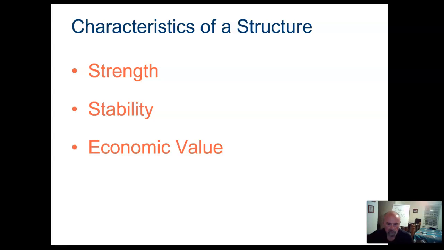Stability means the structure can maintain its shape when loads or forces are applied. Loads and disturbances to the structure should not produce larger movements or failures. The economic value, or cost effectiveness, of the structural design depends on choices made regarding how the structure will carry the loads, the structural system used, and the materials chosen.